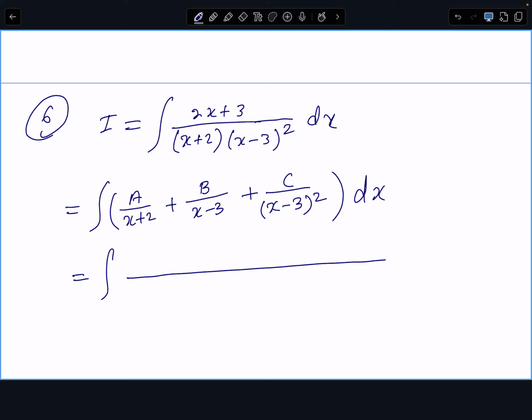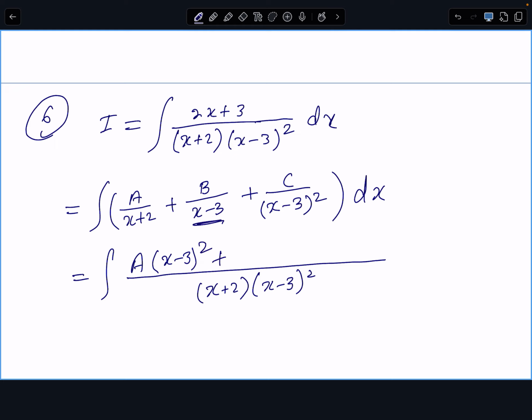So what do we need? This one and this one, right? Like this. We have x plus 2. We don't have this one, right? So A is multiplied by x minus 3 whole squared.